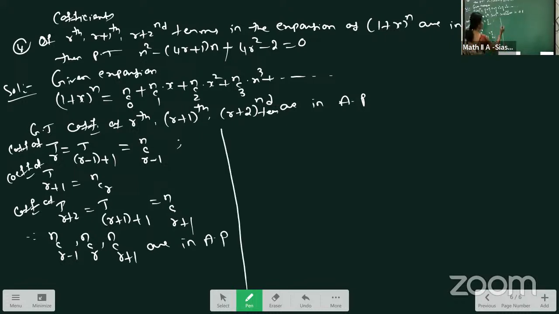So AP means 2 times the middle term nCr equals the first plus the last: nC(r-1) + nC(r+1).